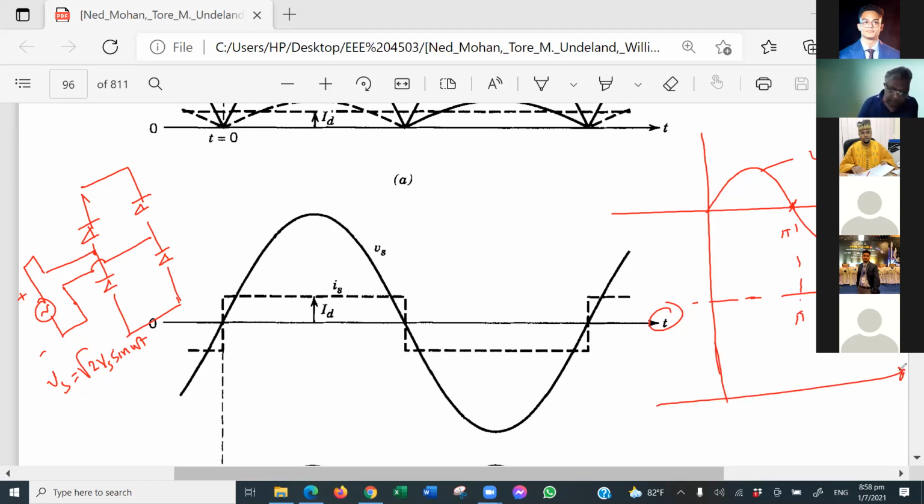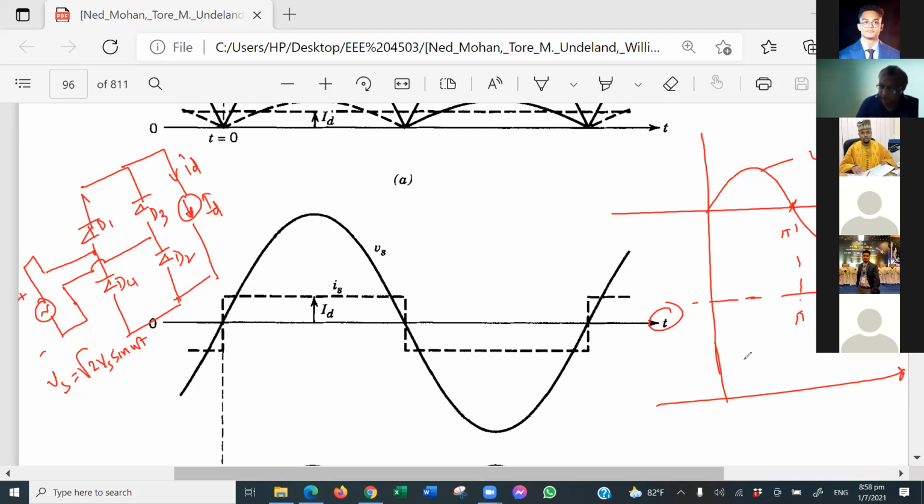Okay, if the output current is like this, and let us put ID. This is your D1, this is your D2, this is your D3, and this is your D4.